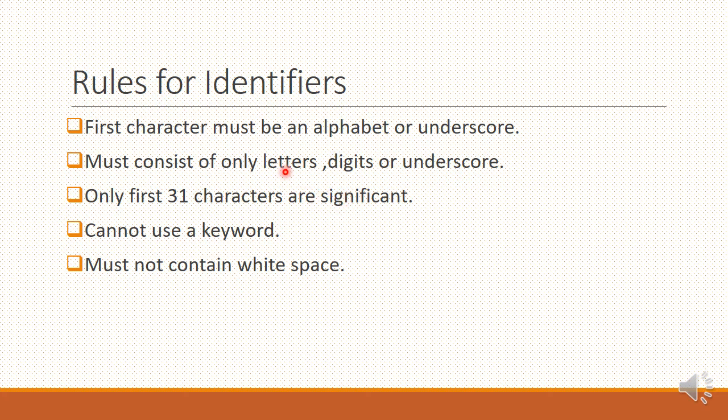Till now, in the elements of the program, you studied which letters, digits and underscore can be used for the identifier. And next, only the first 31 characters are significant. That means up to 31 characters you can take.